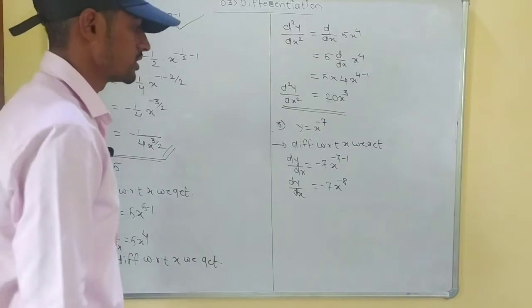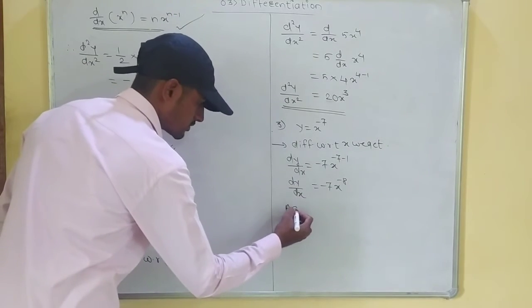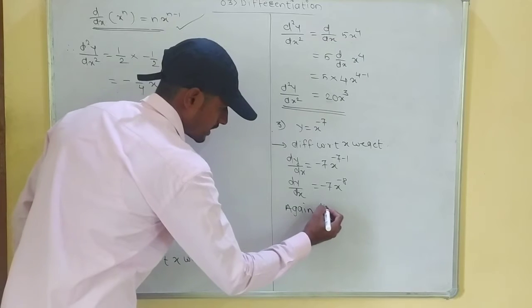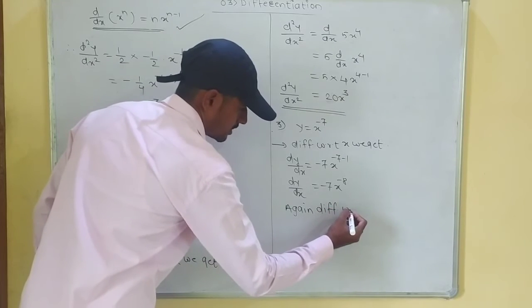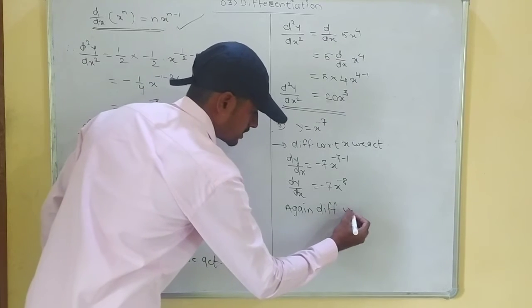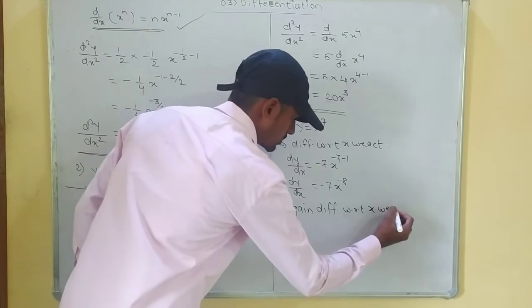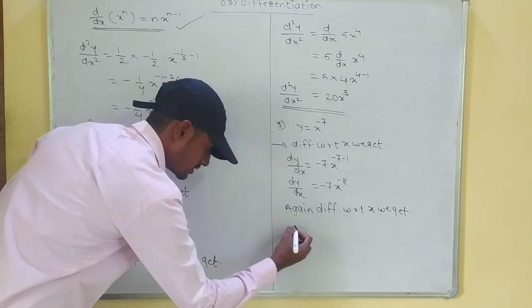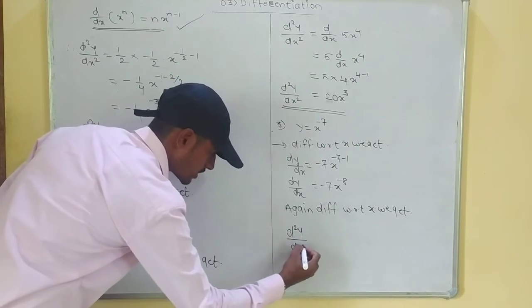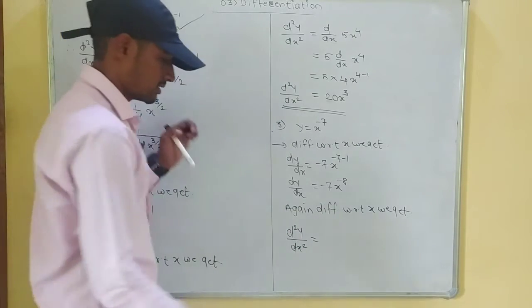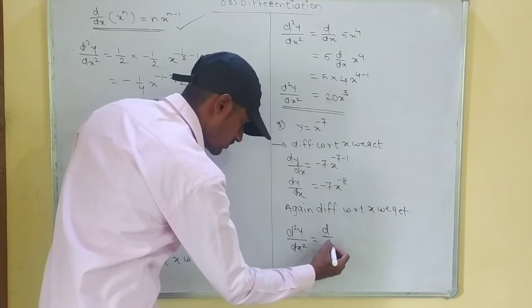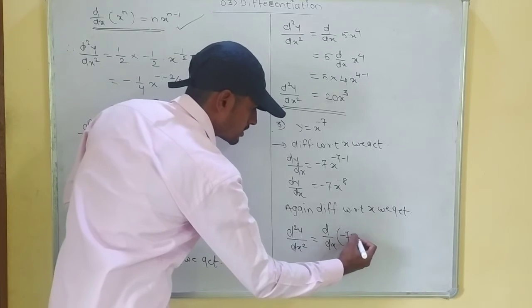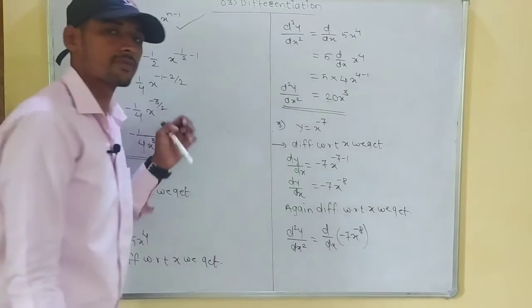Again we are going to differentiate with respect to x, so we get the second order derivative, that is d2y by dx square, which is nothing but d by dx of minus 7x raised to minus 8.